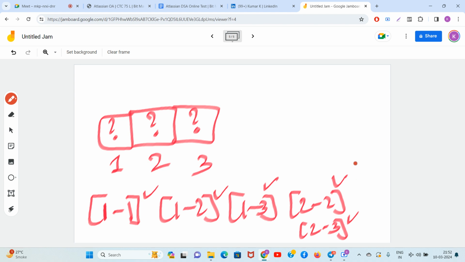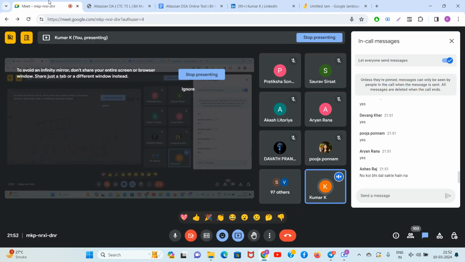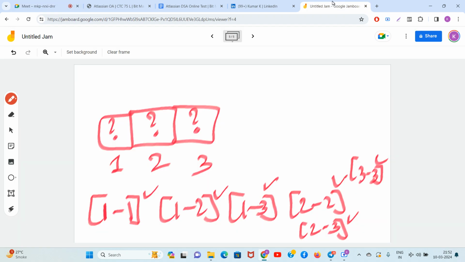And 3 to 3 is also correct. All the subarrays of this array, 1 2 3, are correct. Yes, guys, please tell me yes in the chat if you can also imagine that Kumar K sir has taken three elements such that it is guaranteed that all the subarrays are non-zero: 1 to 1, 1 to 2, 1 to 3, 2 to 2, 2 to 3, 3 to 3. Okay, all are non-zero for sure.